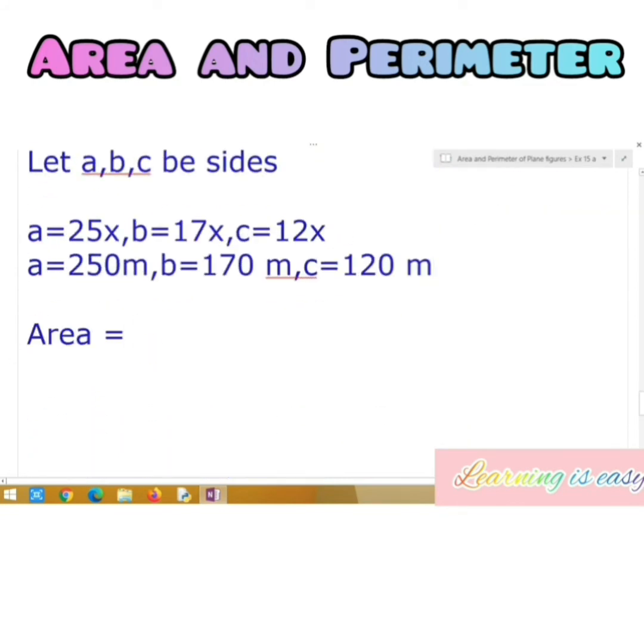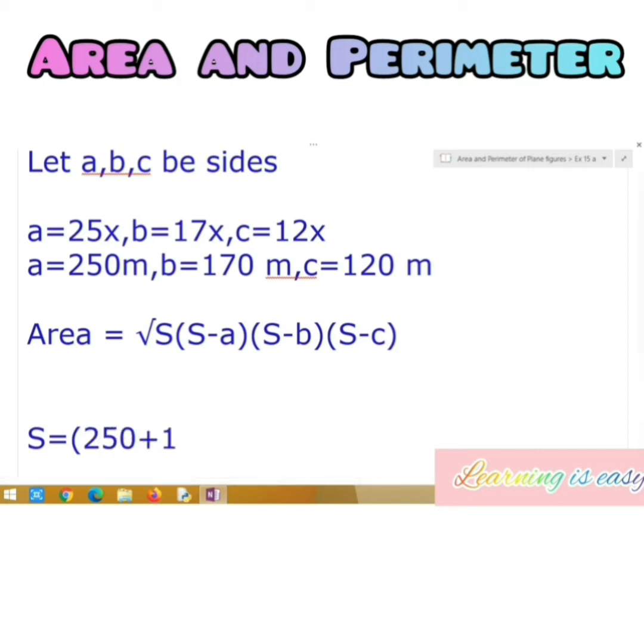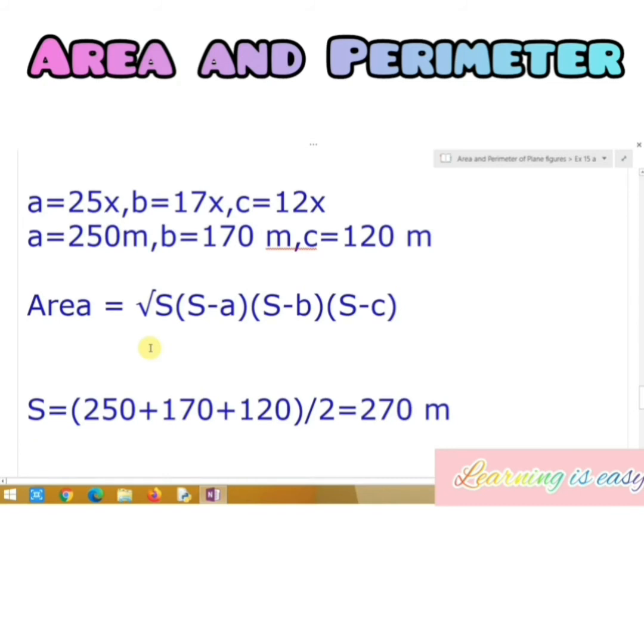With that, we can calculate the area of the triangular field by Heron's formula. So that's square root of s into s minus a into s minus b into s minus c, where s is a semi-perimeter. So that's going to be 250 plus 170 plus 120 divided by 2, half of the perimeter. So which is going to be 270 meter.